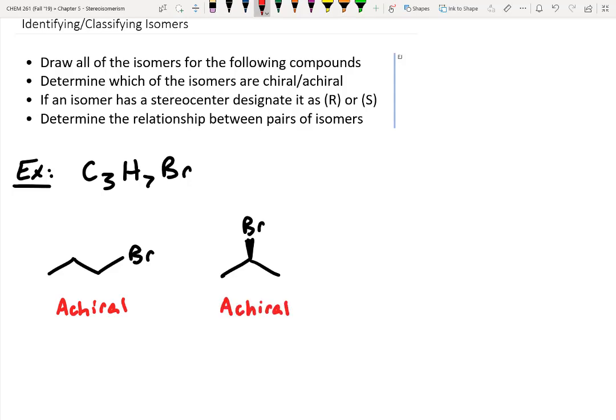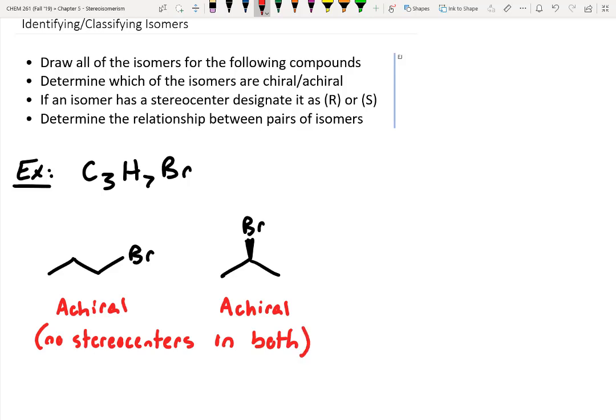So now we've got through our second bullet point. Third bullet point says if there's a stereocenter designated as R or S, I'll just say no stereocenter in both. So we can't really label them R or S in that situation.